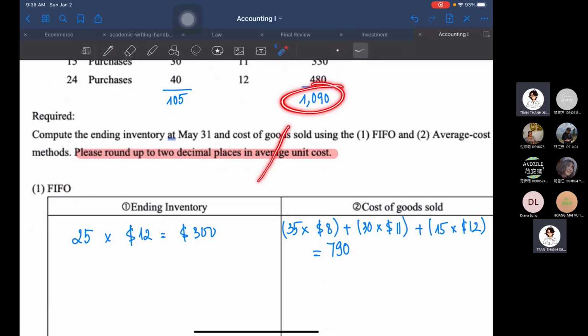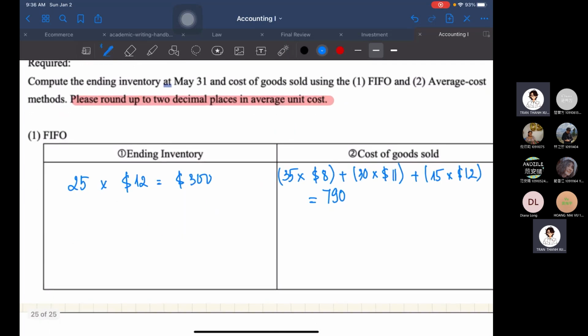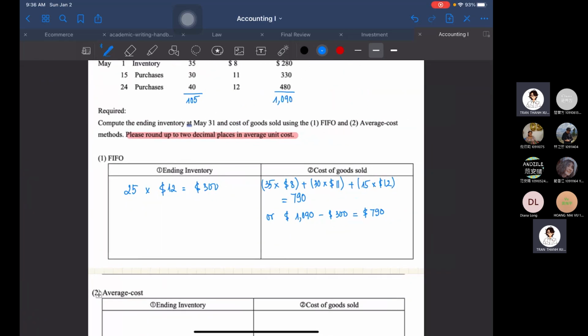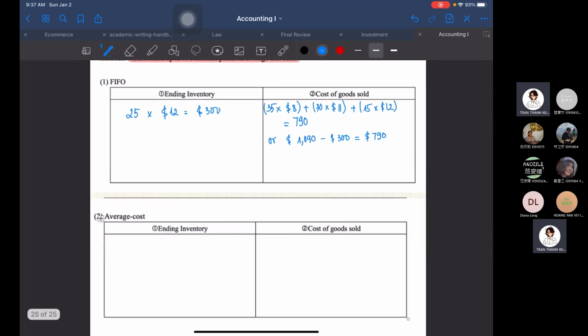You take this one minus one of these, and you will have the answer of the other because they are the same. It's okay.